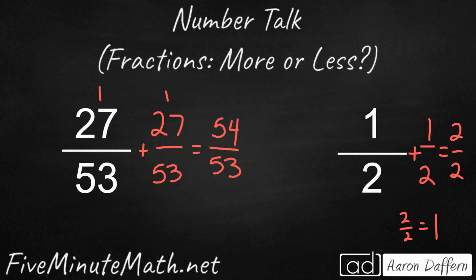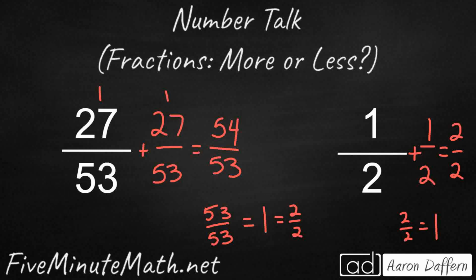Now, how does that help? Well, if I wanted to make one whole, I would simply just write 53/53, because that's the same as one whole, because the same number is in the numerator as in the denominator. Any number you can make equal to 1 if you just write that same number in the numerator and denominator.